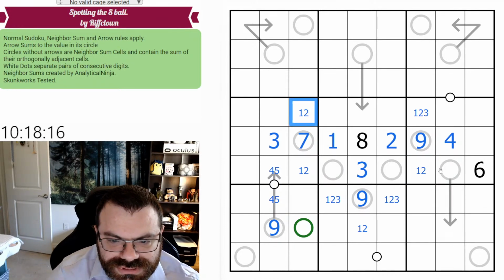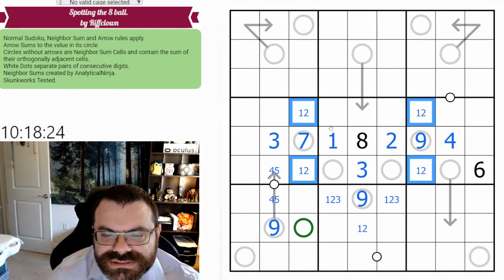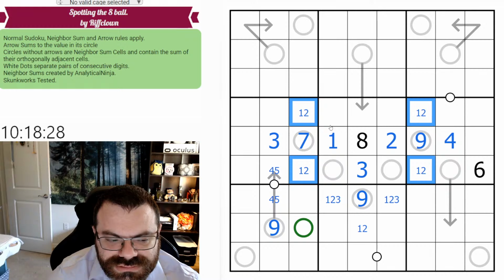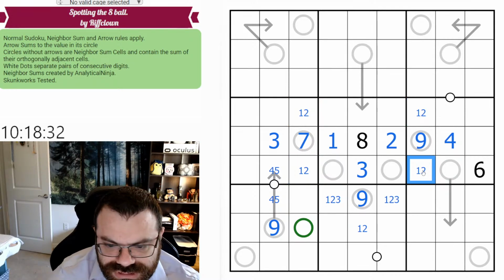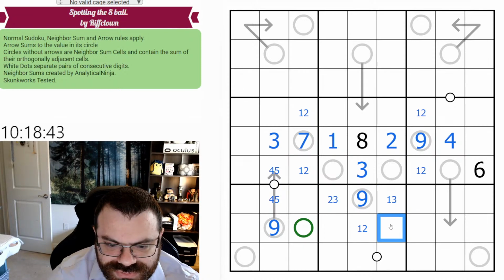But we know, why did I think that 3s had to be here? Alright, well, I was wrong when I said 3s had to be there. Alright, so this still can't be 1, that can't be 2. I still, let's see.